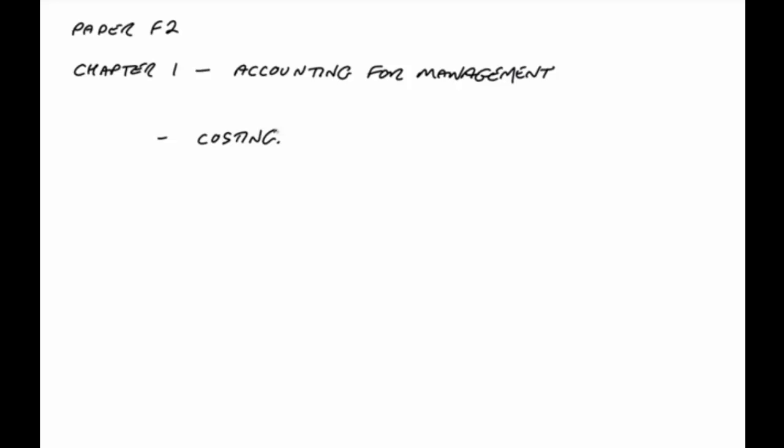Well, that is a job of the management accountant, to identify what the costs are and to do the arithmetic. And you'll see there are several chapters later going through the problems involved and how we deal with them in arriving at the cost.